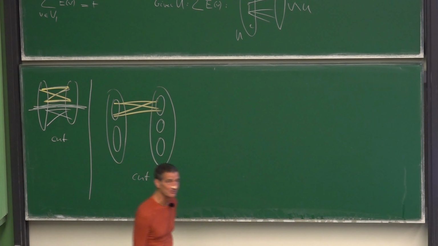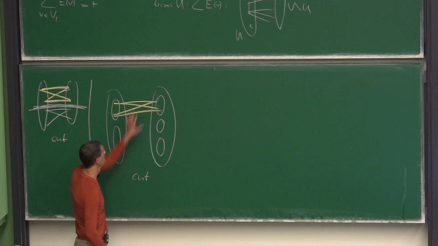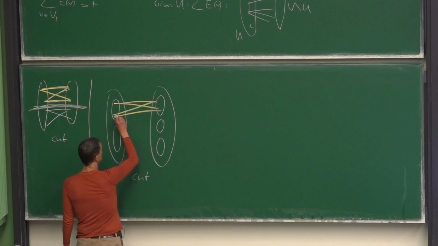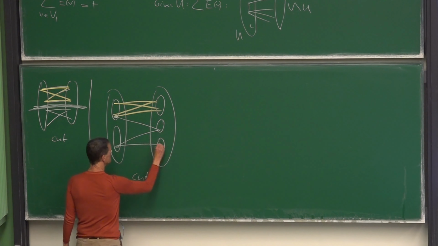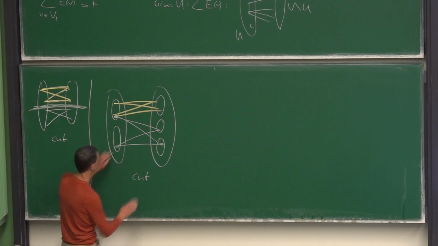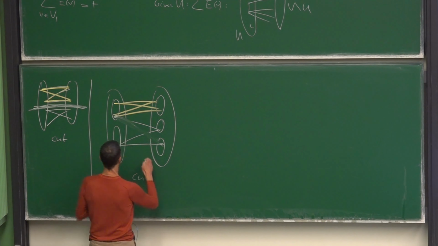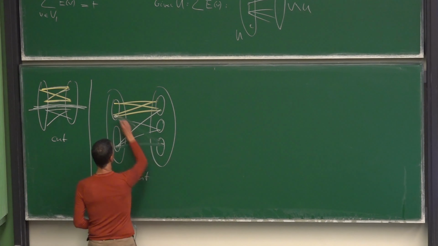They don't have to disconnect the graph G, because you might have an edge here, and then another edge there, another edge there, another edge here. Back up there, right?